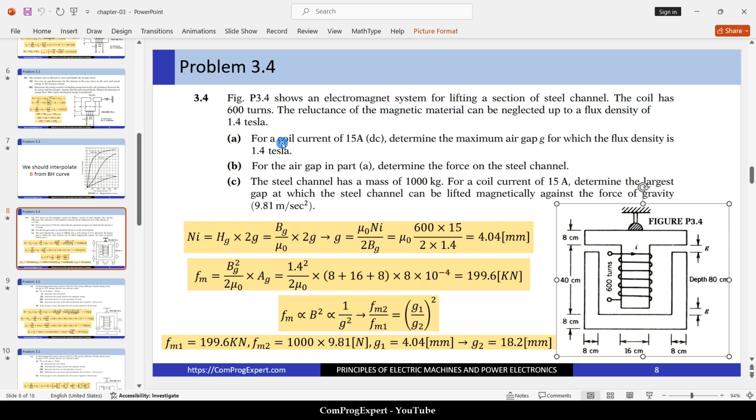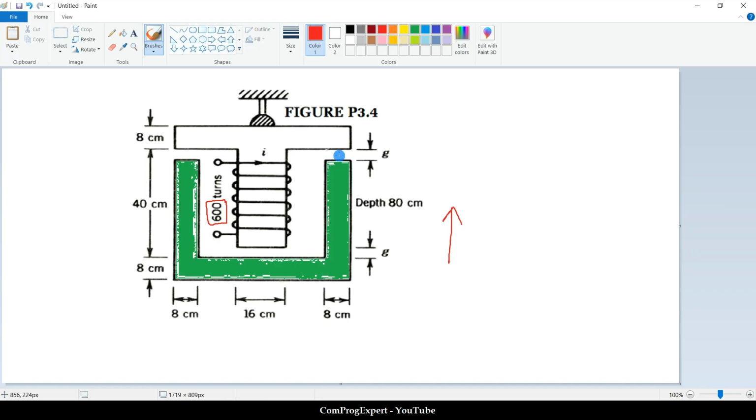So in this case, if we want to have 1.4 Tesla in the air gap, what will be the value of the gap thickness? Simply you can write this equation. If I consider this flux line, here is the direction of the DC current.